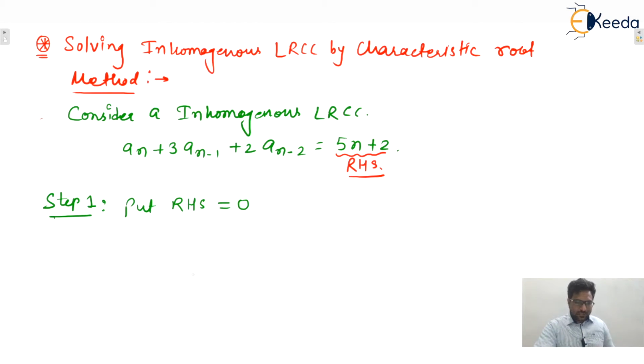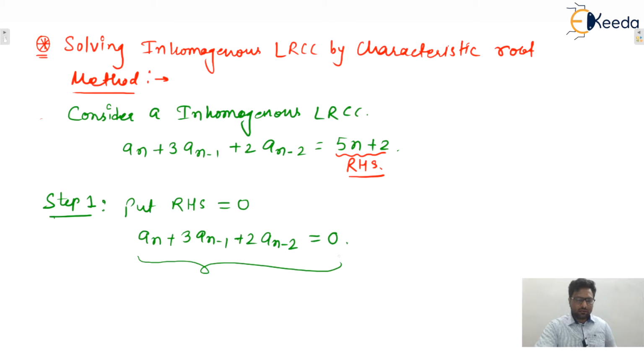That means now it becomes a_n plus 3 times a_(n-1) plus 2 times a_(n-2) equals 0. Now solve it like the homogeneous LRC: write the characteristic equation, find the roots of that equation, and finally write the homogeneous solution. But don't solve the constants in this step. That is important.